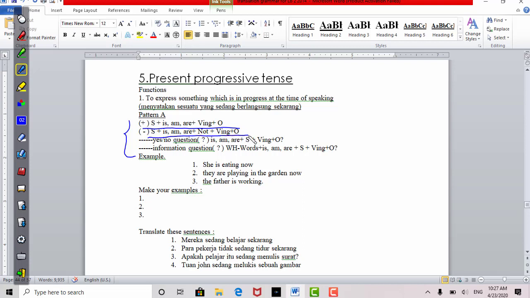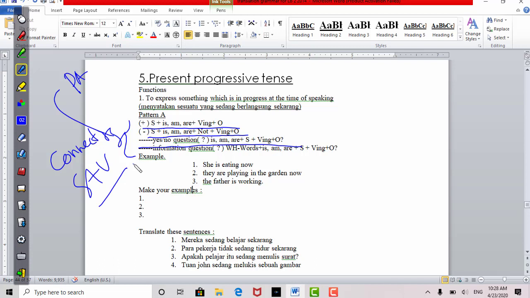And then for the question: is/am/are plus subject plus verb-ing plus object. This one is pattern A, connecting subject with verb. Alright, this one is already clear.